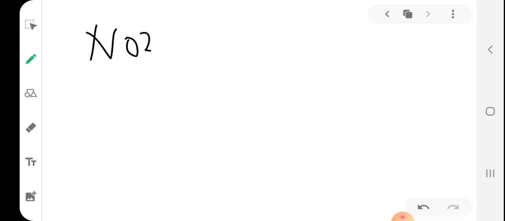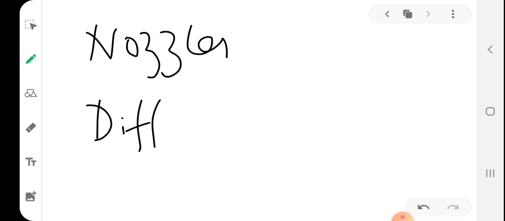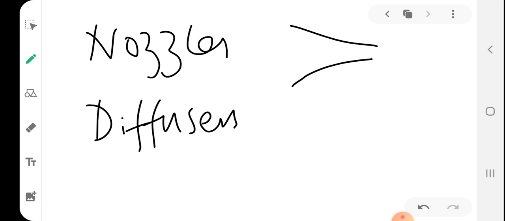Nozzles. Have you heard of nozzles and diffusers? Nozzles are those ducts or conduits which have a gradual change in cross section. The area is reduced so that velocity gets increased.